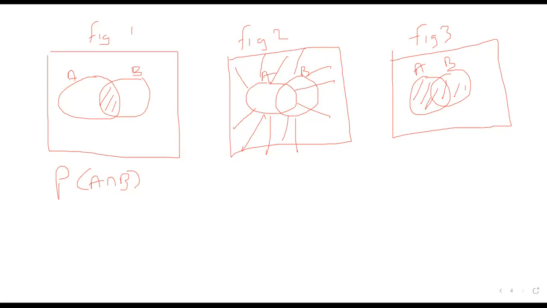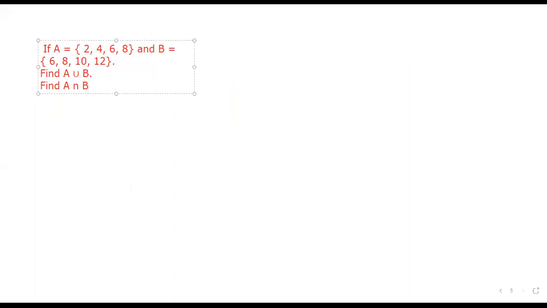So if you've understood that, try to look at this notation here. Suppose we're given A as 2, 4, 6, 8 and B. Let's find A union B and A intersection B. Want to try A union B?